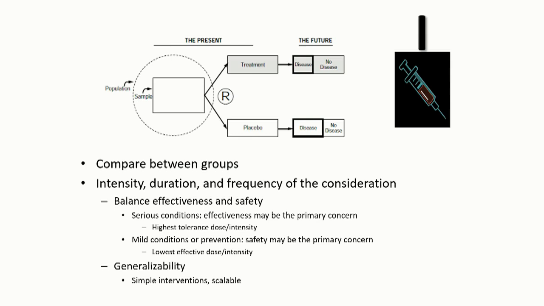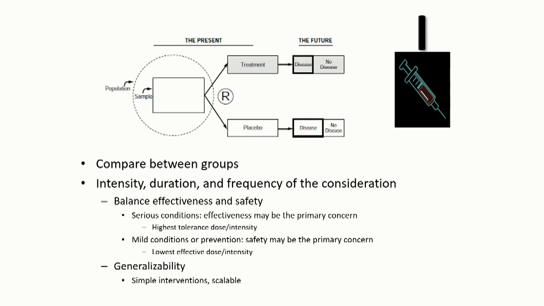Secondly, intervention. Basically, you want to compare between groups, and the factor you have to consider in this case is intensity, meaning the dose of the intervention and the repeat dose or any kind of dose that you used in the experiment, and the duration and frequency of the treatment, like for example, how many doses you want to use.